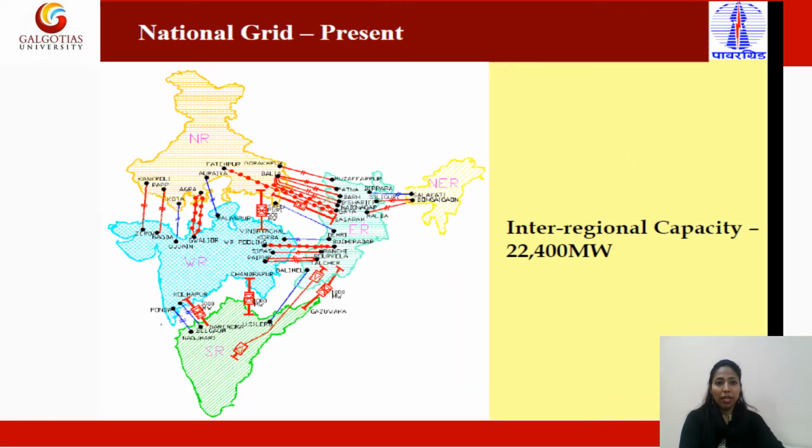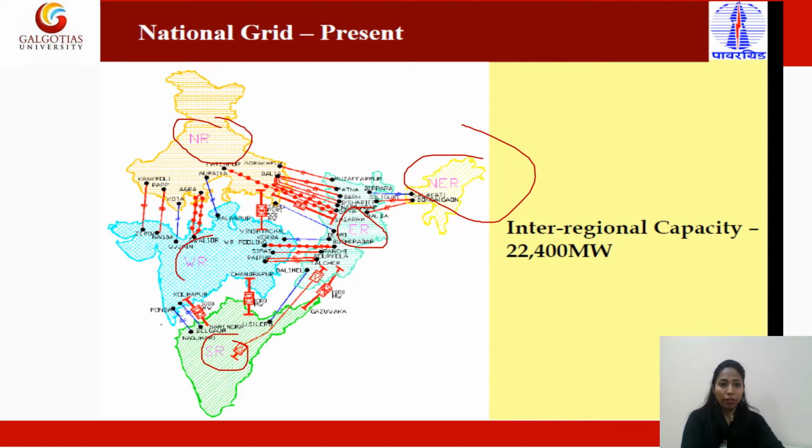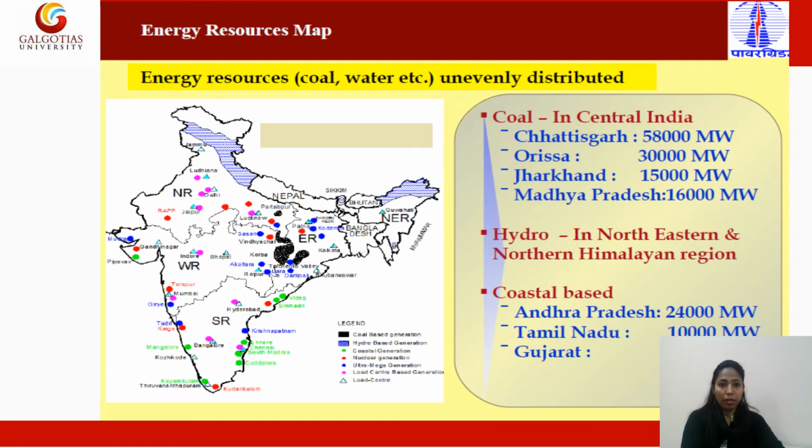So at present we have 5 national grids, that is the northern region, the northeastern region, the eastern region, the southern region and the western region. All 5 grids are interconnected. Now the energy resources map. Energy resources like coal, water, etc. are unevenly distributed within India.